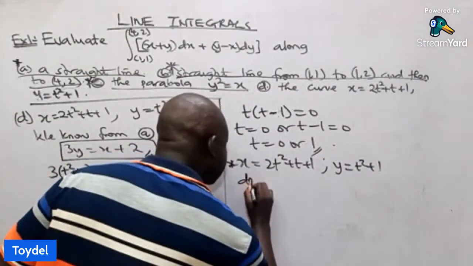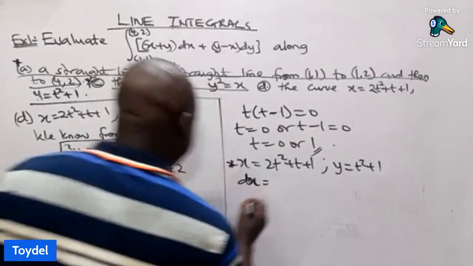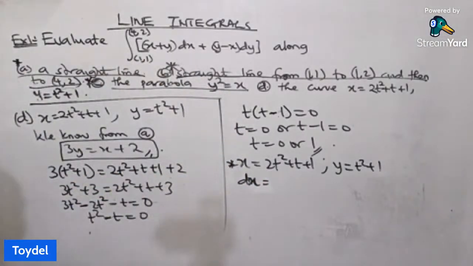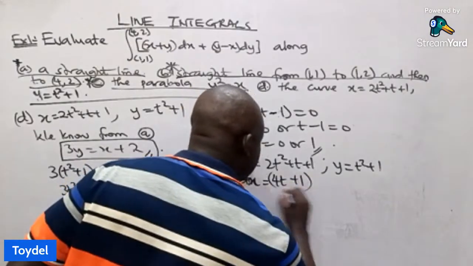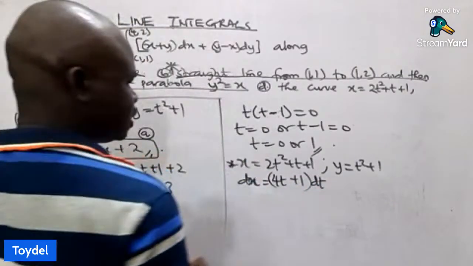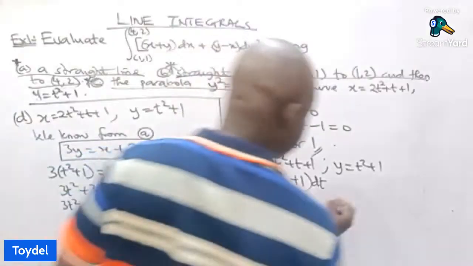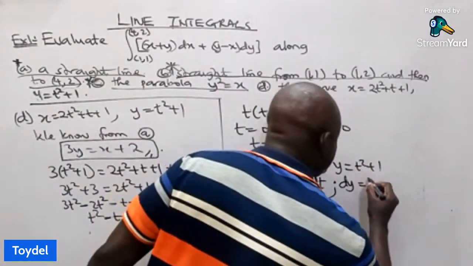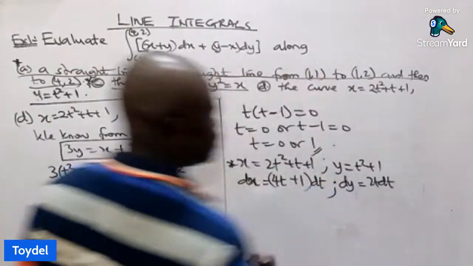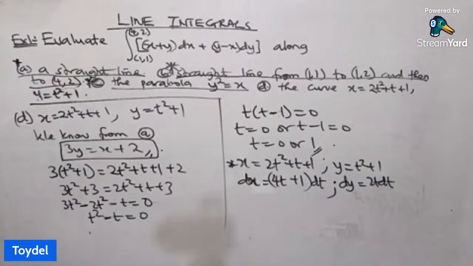So what will be dx? The dx will be 4t plus 1 dt. Then dy, if you differentiate this, it's going to give us 2t dt.